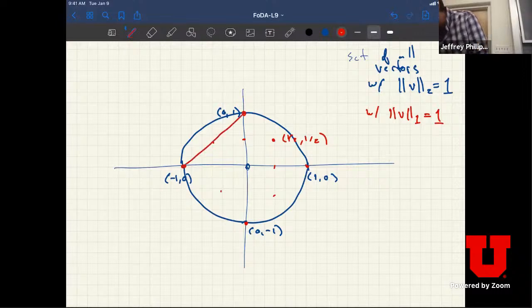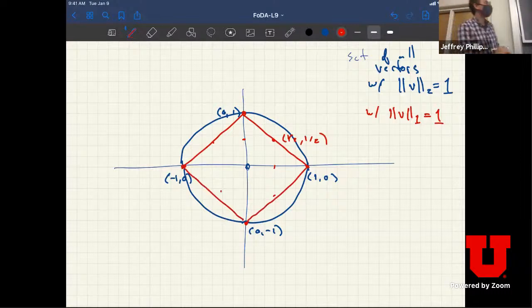These are all the points that have an L1 norm equal to exactly 1 here. It's coming inside. They touch at the boundaries here, but otherwise they kind of come in here. Okay, cool. And now let's do one more exercise.